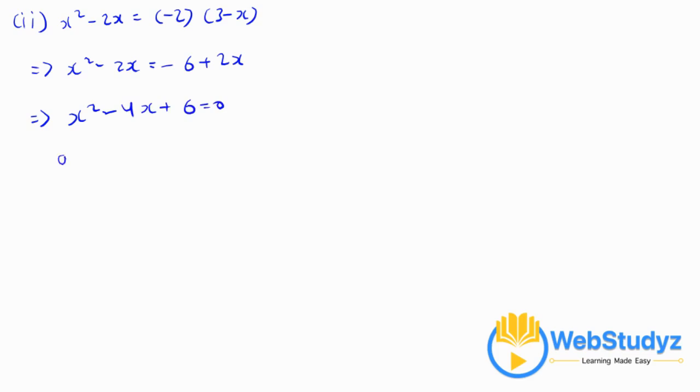If we compare this with the equation ax² + bx + c = 0, we can clearly see that our equation has the highest power of x as 2. That means we can say this equation is also a quadratic equation.